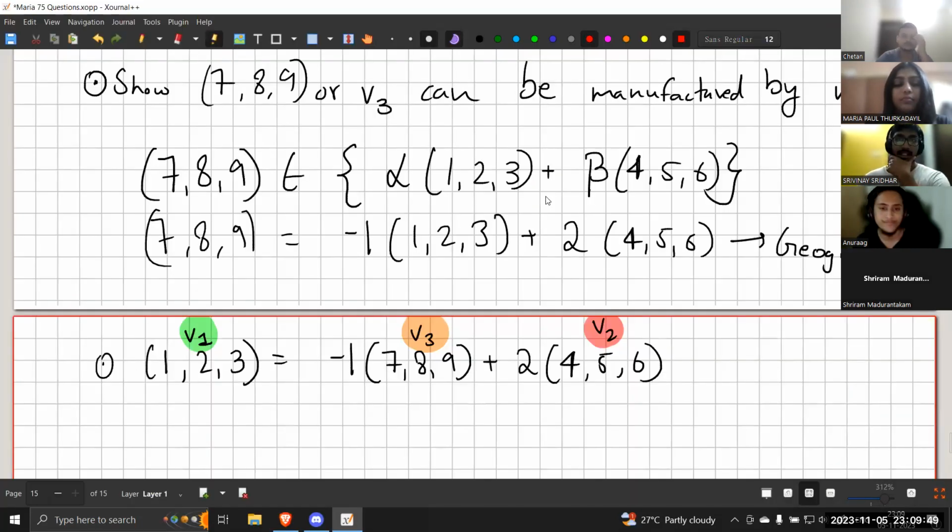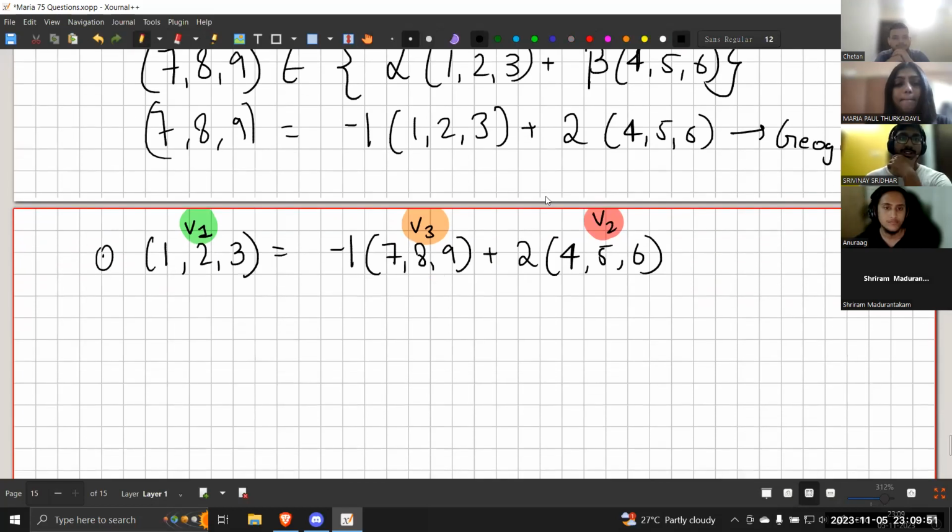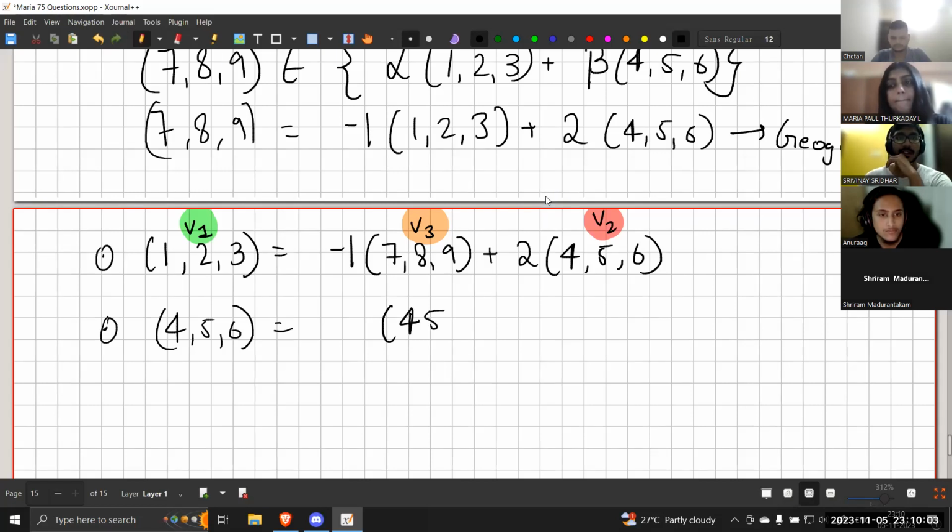So in a similar way, you can also find it for the last one, like 4, 5, 6. What will 4, 5, 6 be equal to? Can you now try to find it in your own way? So you should express it as some combination of 1, 2, 3 and 7, 8, 9.